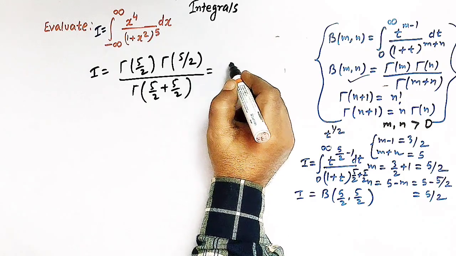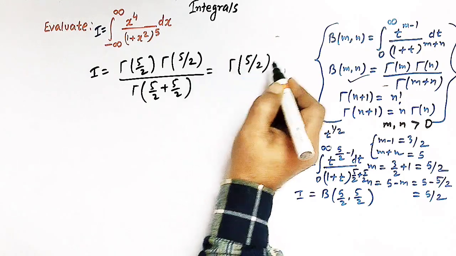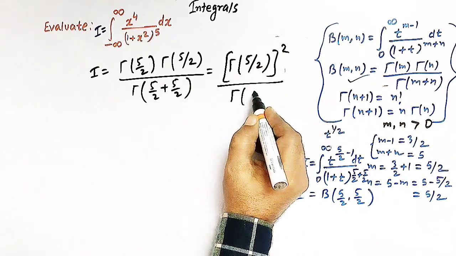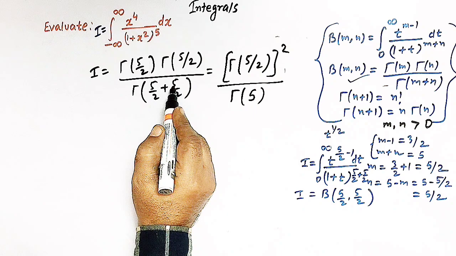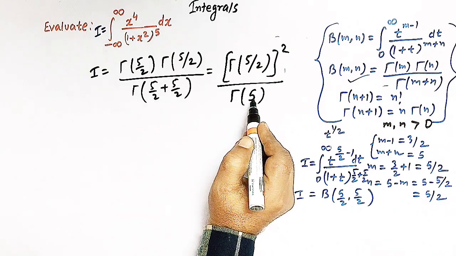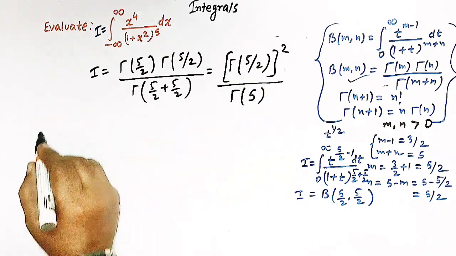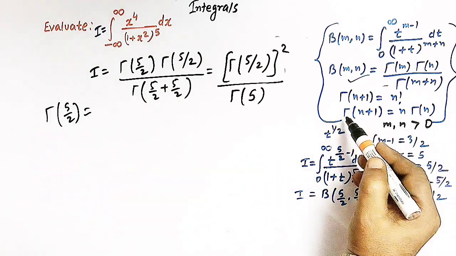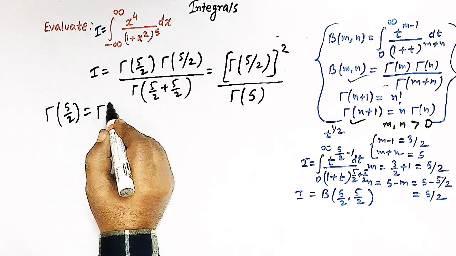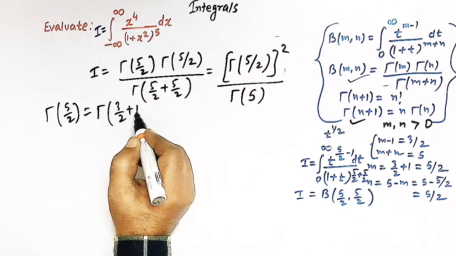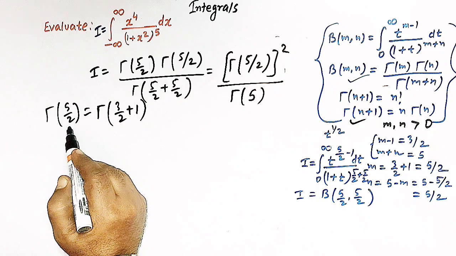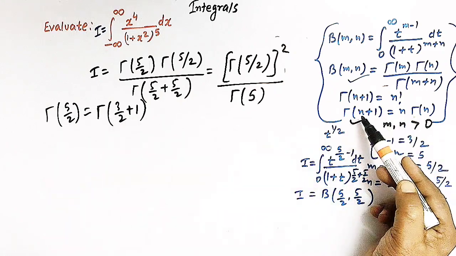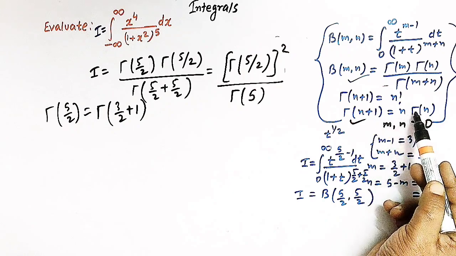So here we have gamma 5 by 2 square, and then here we have gamma of 5, because 5 plus 5 is 10, 10 over 2 is 5, right? So now let us find the value of gamma of 5 by 2 using this relation. So we can now write gamma 3 by 2 plus 1. We can split 5 by 2 like this, and using this result, that is gamma n plus 1 is equal to n times gamma n.